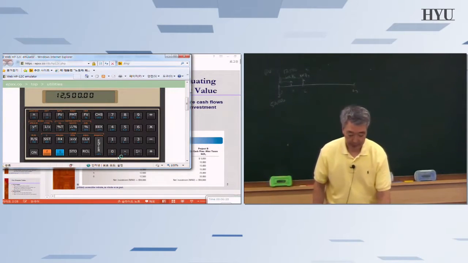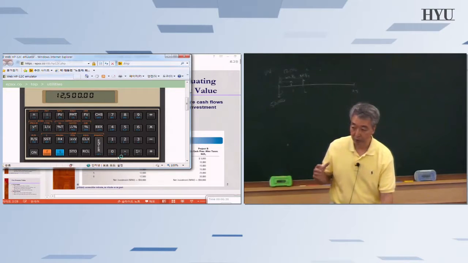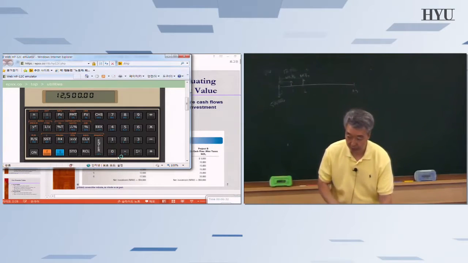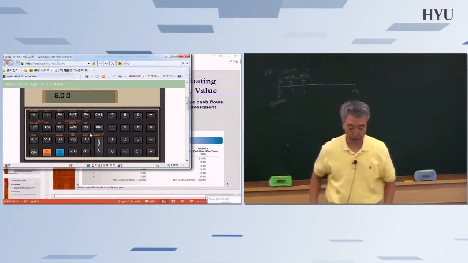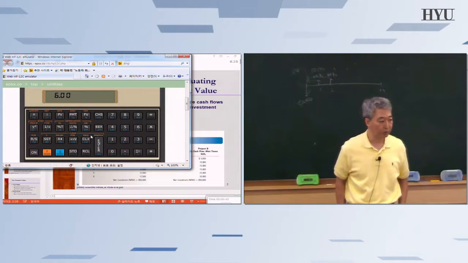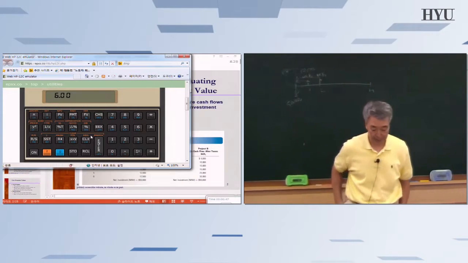But now we have the same number repeating 6 times. So all you need to do is enter 6 and G, blue key, and NJ. So you just told the calculator that the same number, 12,500, repeats 6 times.